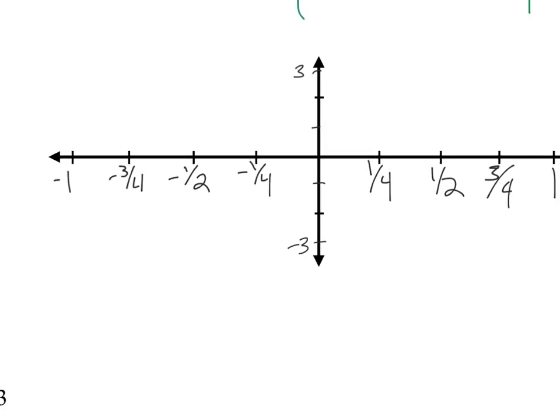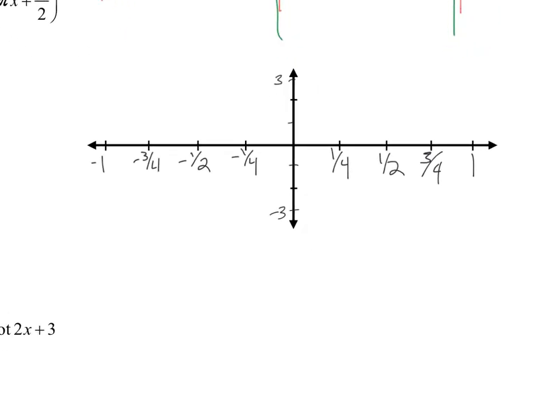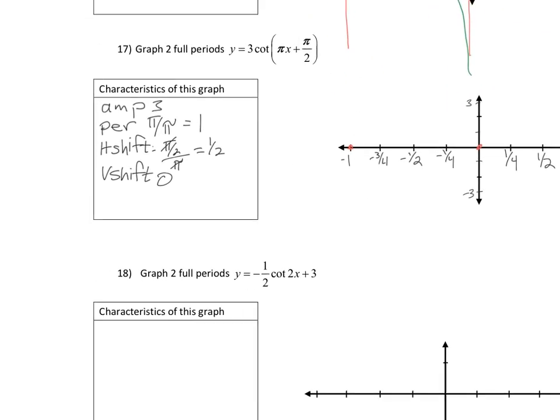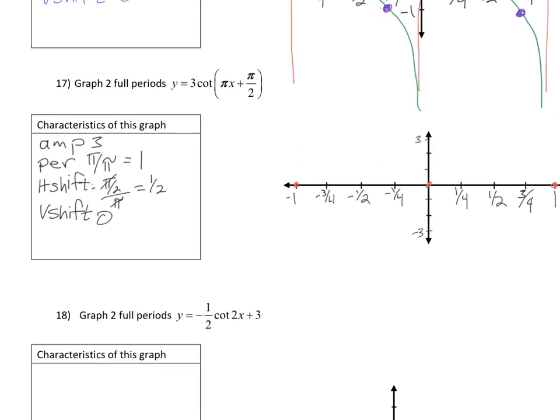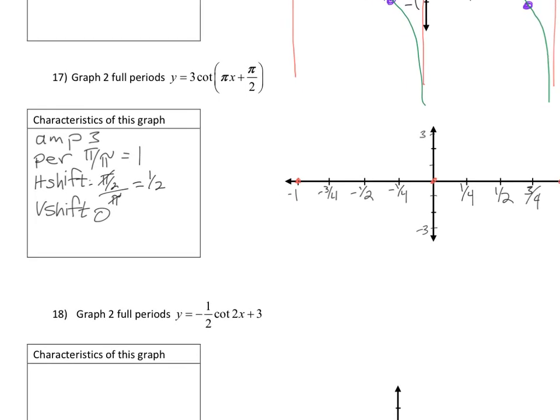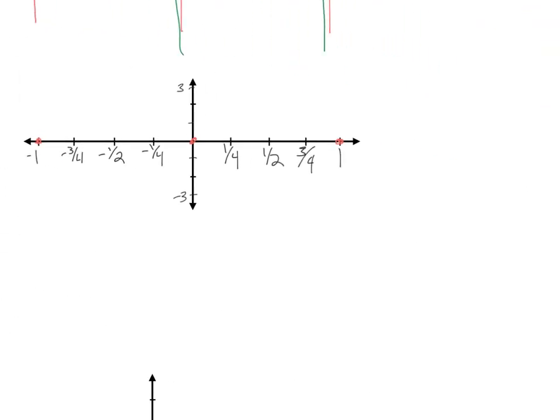All right, remember my standard asymptotes are here, here, and here. But this one has a horizontal shift of 1/2. Double check. It's a plus, so it's actually a minus 1/2.